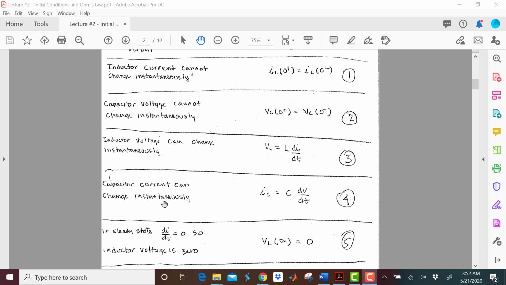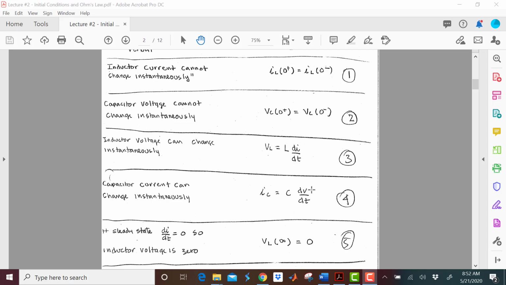Our next rule is that the capacitor current can change instantaneously. For this rule, I just, again, wrote the equation and said I_C is equal to C dV/dt.